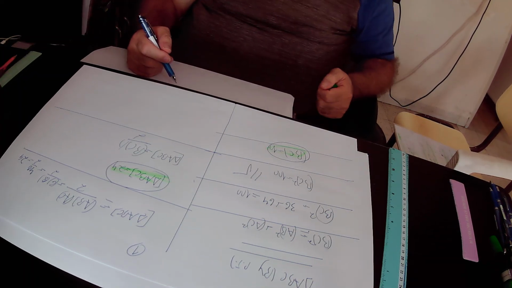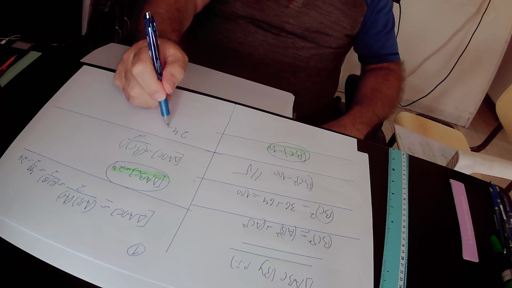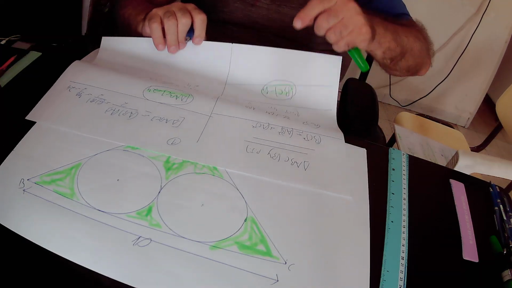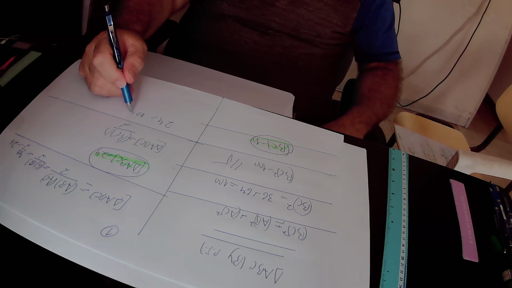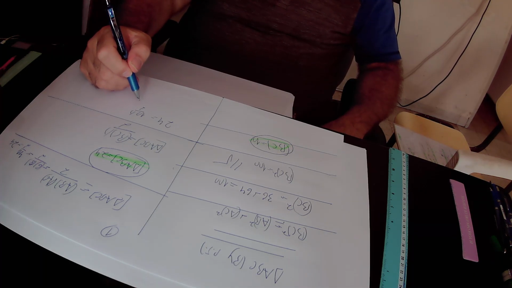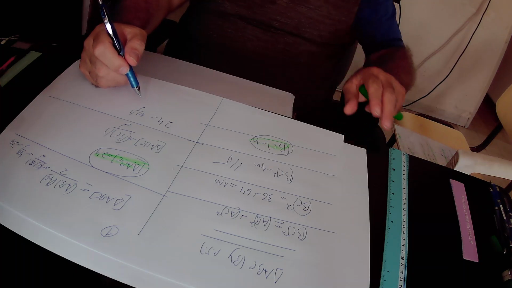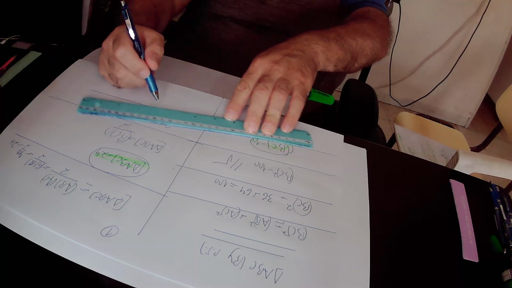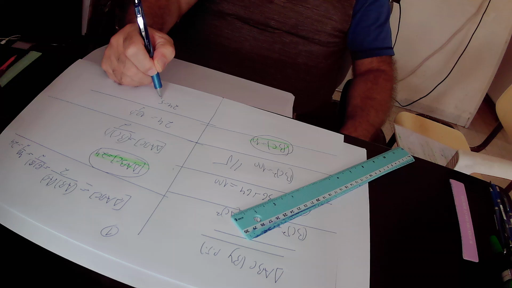So we found that the area of triangle ABC equals 24, and it equals BC, which is 10, times H over 2. 10 over 2 is 5, so in total this expression equals 5H. So 24 equals 5H.